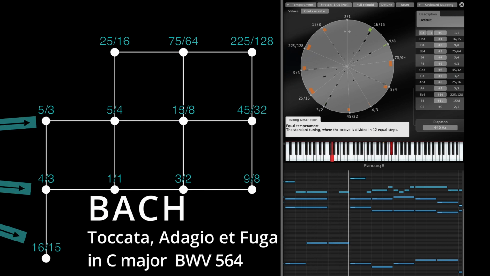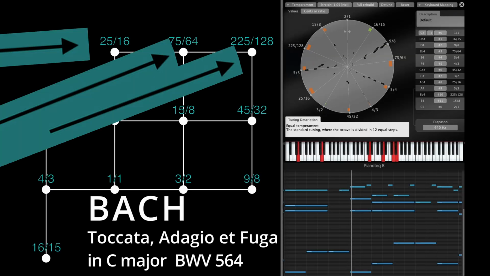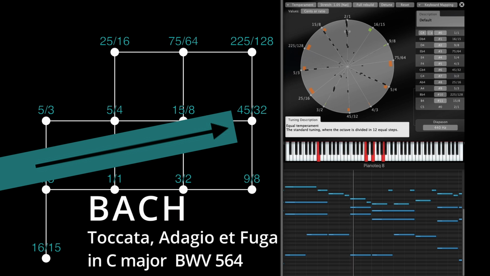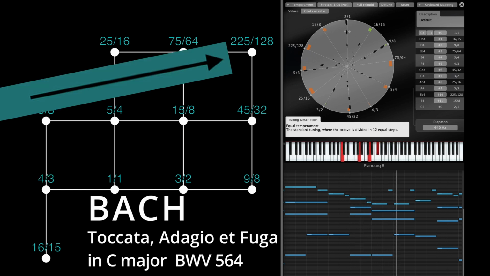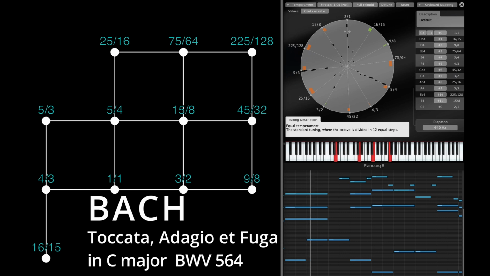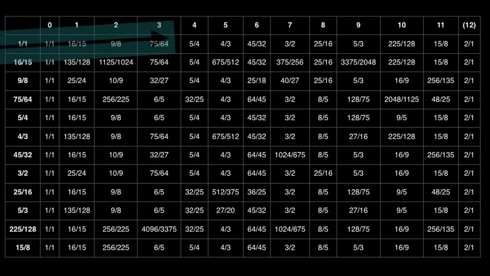So instead of using your typical 5-limit minor sixths and sevenths, I'm using these higher non-prime harmonics like 25/16, 75/32, 45/32, 225/128. And what this gets us is 8 pure major thirds.